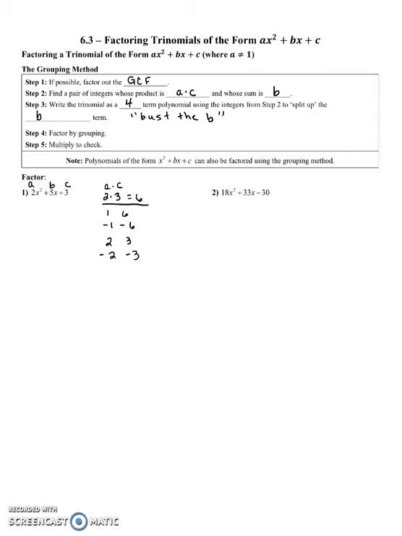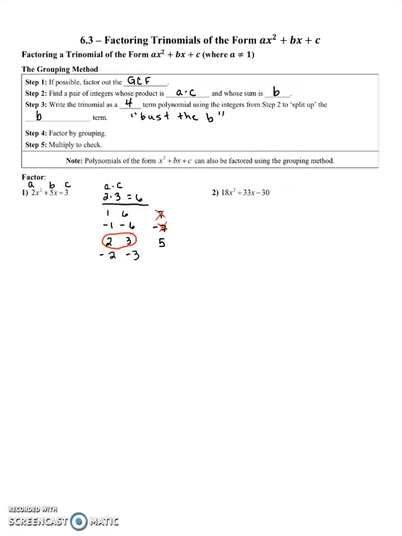So 1 and 6 adds to give us 7, so that's not it. -1 and -6 is -7, that's also not it. Positive 2 and positive 3 gives us positive 5. So that's the combination we want.